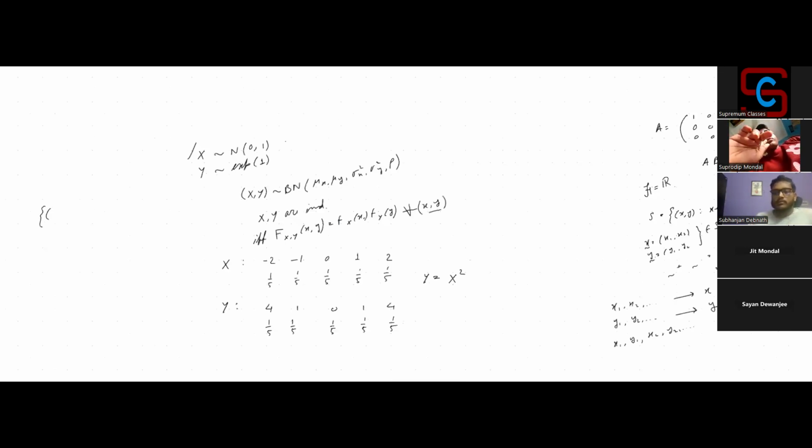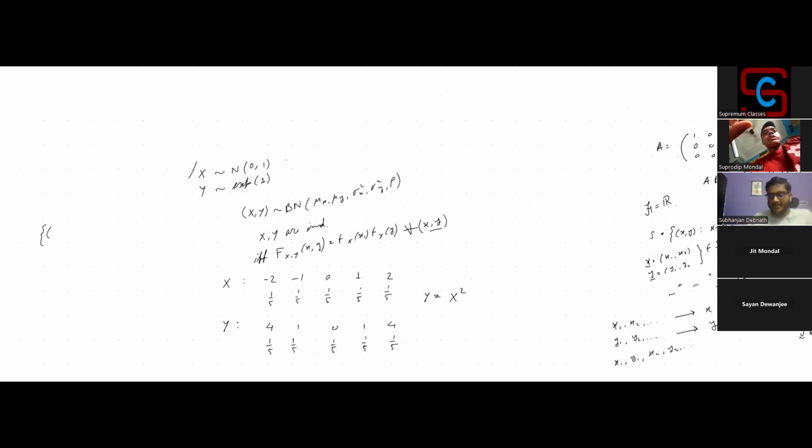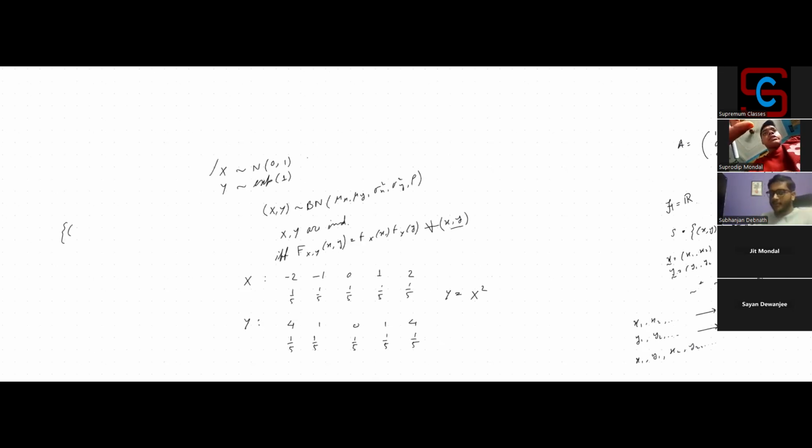I forgot, but I can derive that. You just think once. It's a standard normal, and I just want to square it. I think we will get some sort of exponential or gamma.